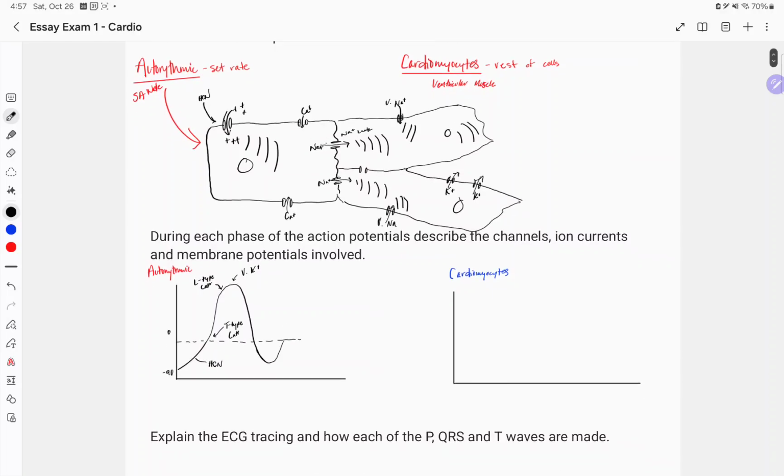For cardiomyocytes, on the other hand, we're going to have our resting membrane potential, right? And then we're going to go up to the threshold because of the sodium that is coming into the cell, causing an action potential.